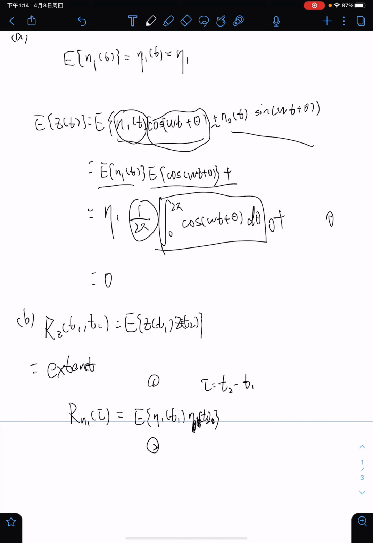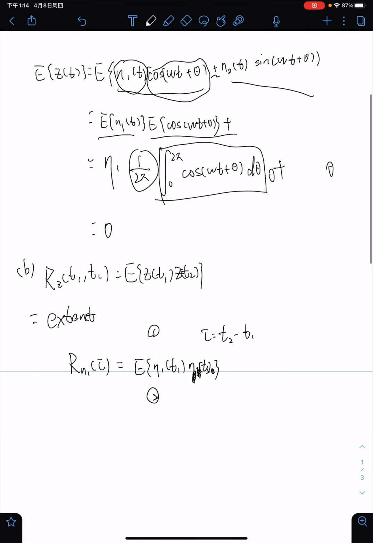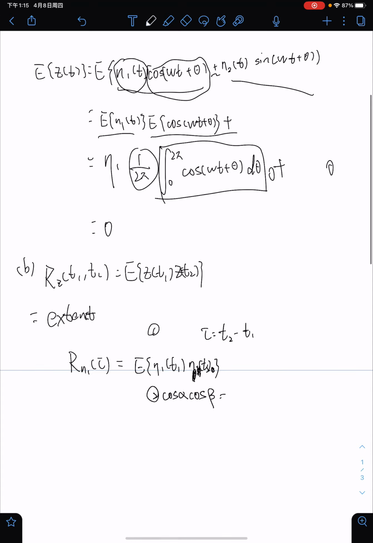The second point is because we use cosine or sine, we will use a formula like this: cosine alpha cosine beta equals one half of cosine alpha plus beta plus cosine alpha minus beta.